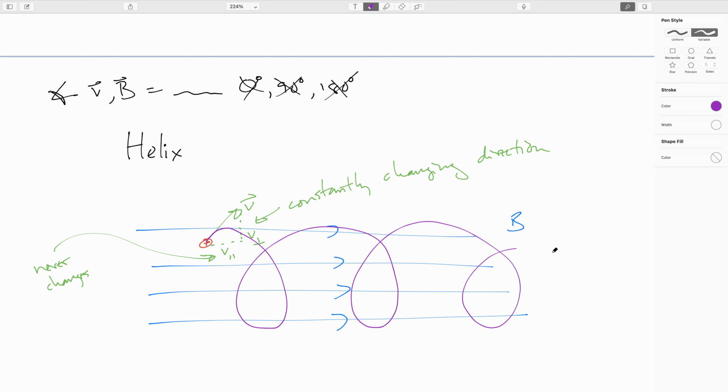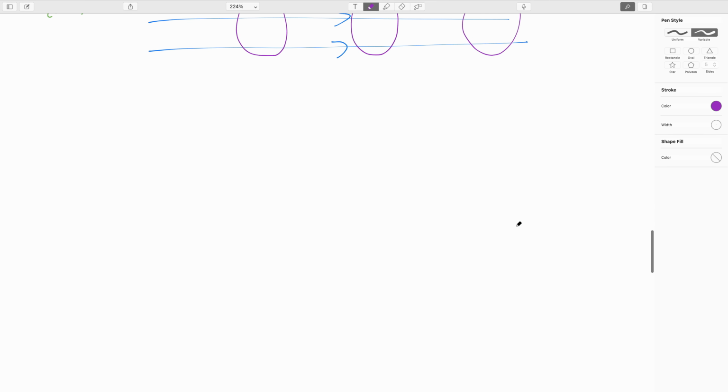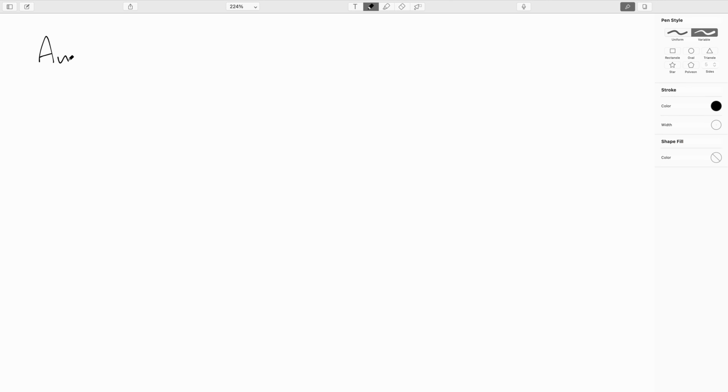Now, this sort of thing is of great interest, and there's a really awesome application of this. It's a phenomenon called the Aurora. Depending whether you're in the northern or the southern hemisphere, you'll call these the northern lights or the southern lights.